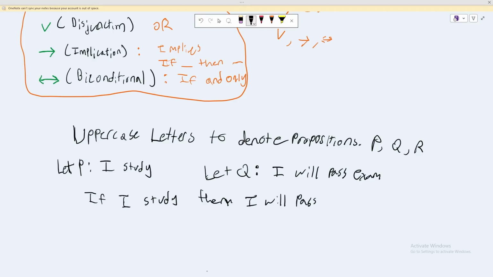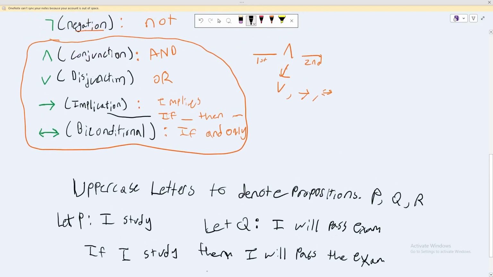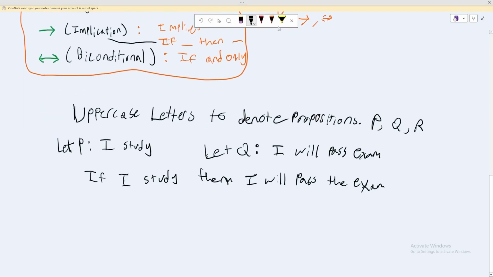If you remember earlier when we were looking at the operators, the implication was the one that used the if then statement, as we can see here. So the first statement goes to the left of the implication sign, which is, let's just put the implication sign here.